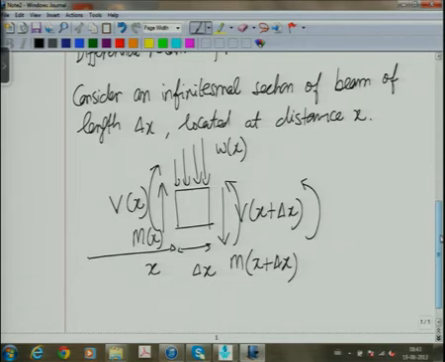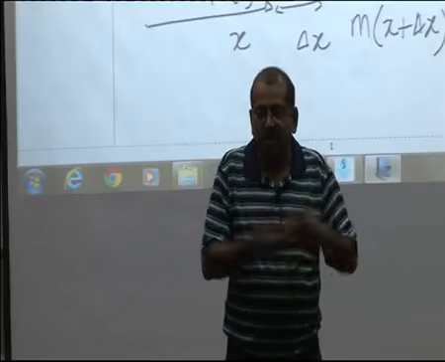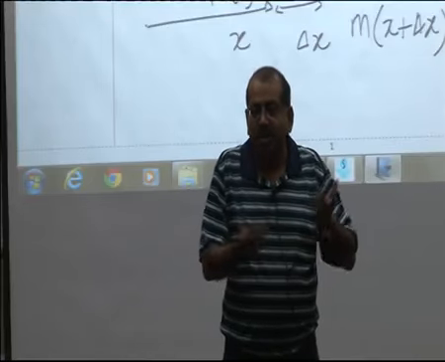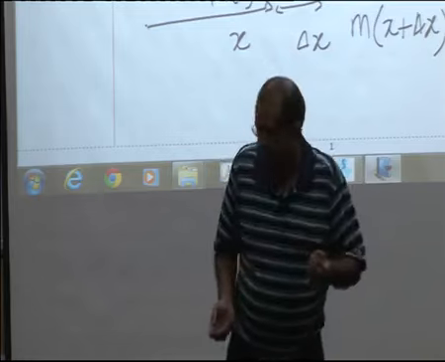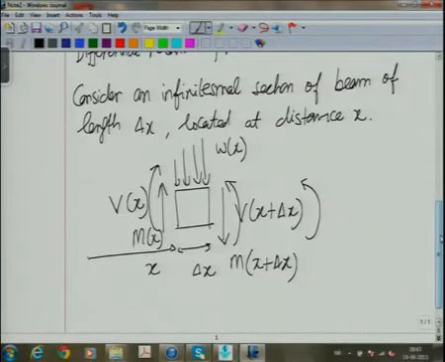So now, given this, all I have to do is write the equations of equilibrium. What are my equations of equilibrium? Sigma Fy is equal to 0 and sum of moments is equal to 0. So let's write our equations of equilibrium. When I put sigma Fy equal to 0, what will I get?